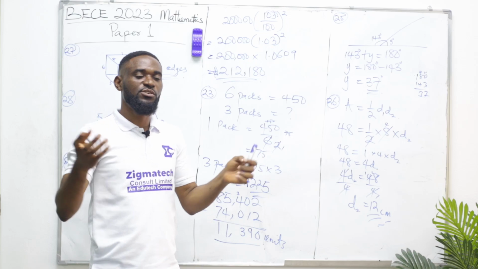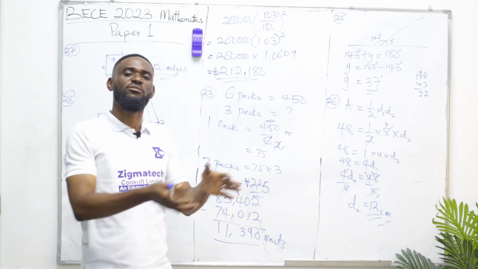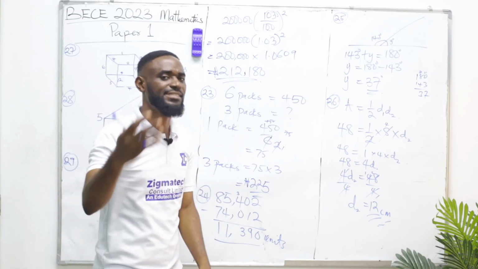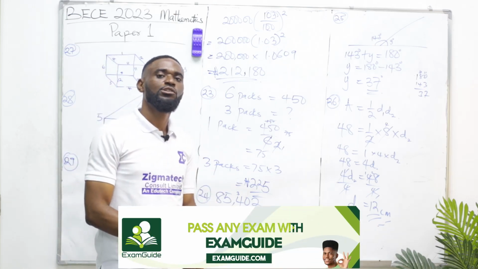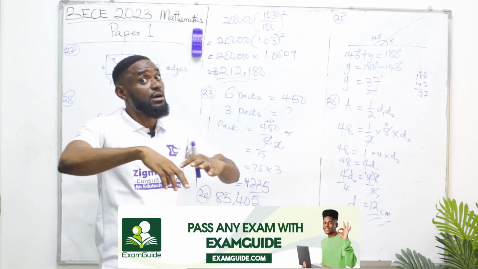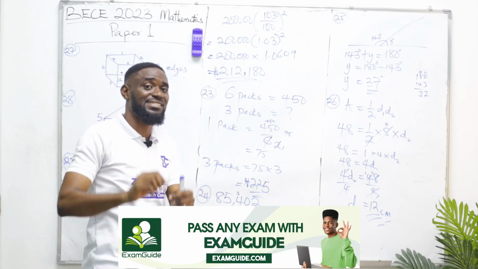Remember, the formula for calculating the area of a circle is just pi r square. The difference between the area of a circle and the volume of a cylinder is that the cylinder has a height.